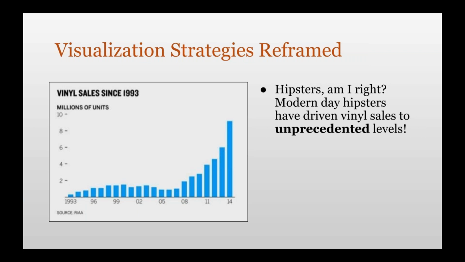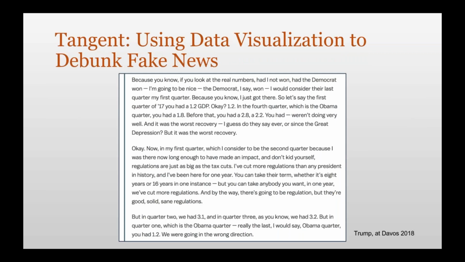I want to go off on a tangent to some other ways that you could look at a concept like this. This happened just earlier in January when Trump was at Davos, and in this case, Trump is talking about GDP. So don't read through this whole thing.